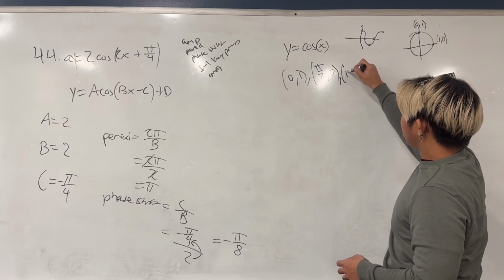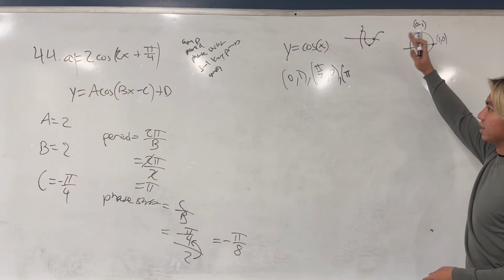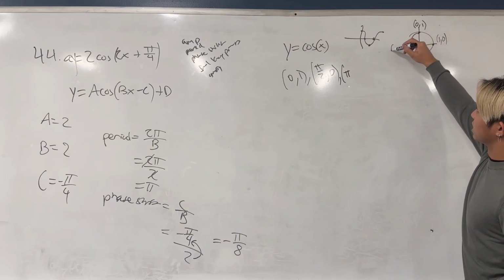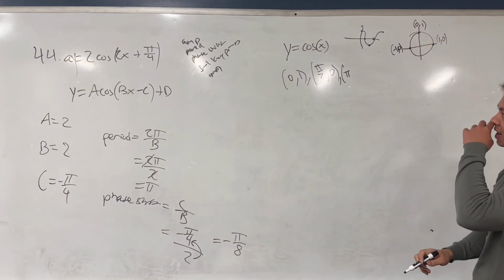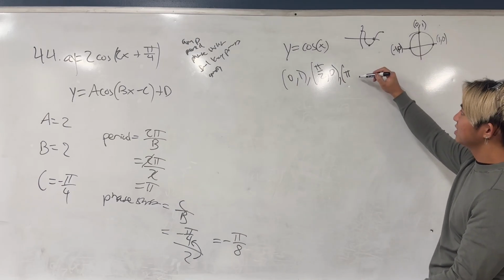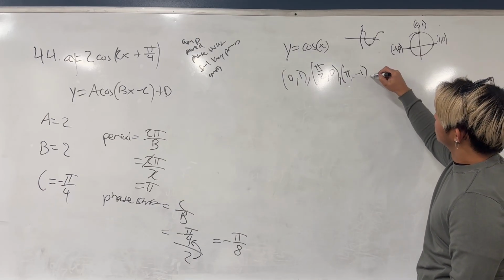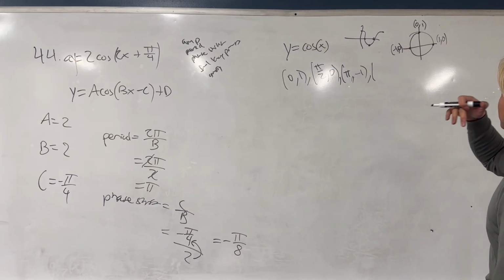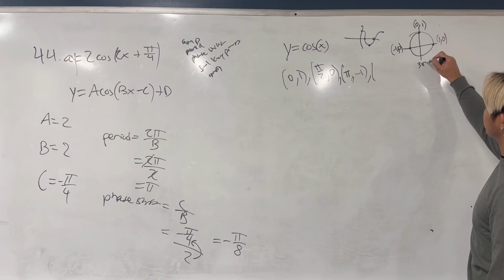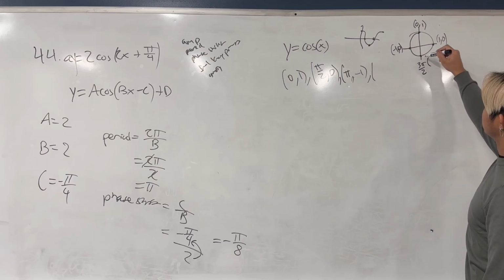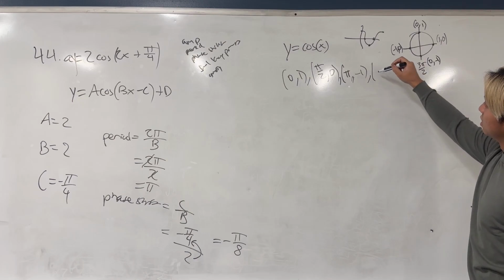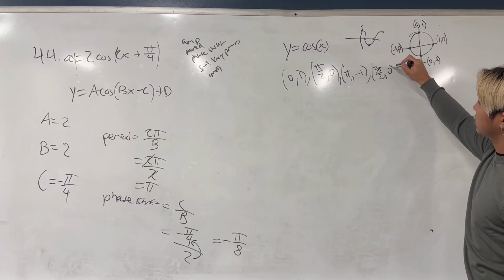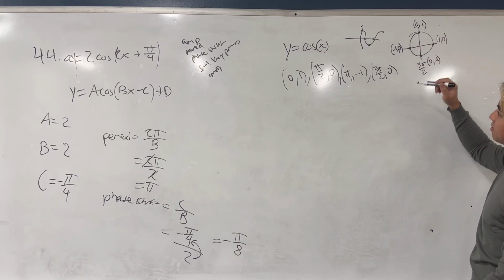Moving on to pi, because we pretty much go every 90 degrees. What's our coordinate here? We have negative 1, 0. So we have pi, comma, negative 1. Wow, these are egregious hieroglyphics here. Anyways, moving on. We have 3 pi over 2, coordinate is 0, negative 1. So it's 3 pi over 2, and then 0, because our x coordinate here is 0.